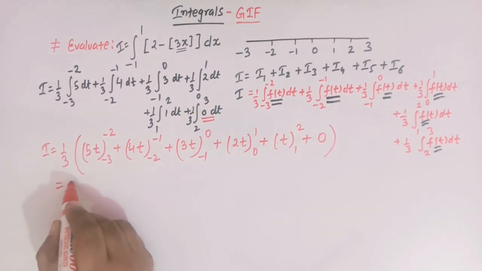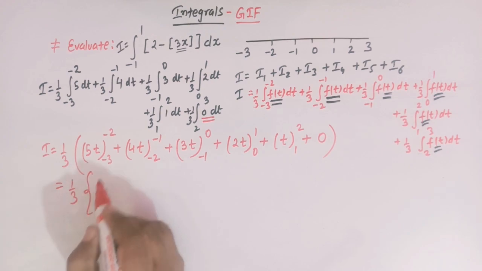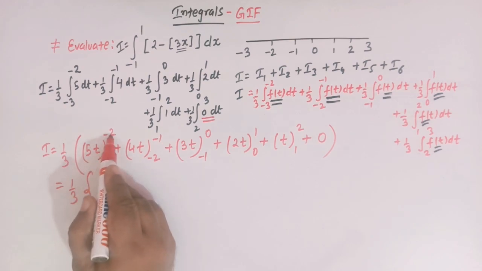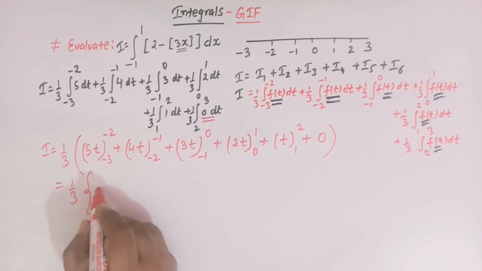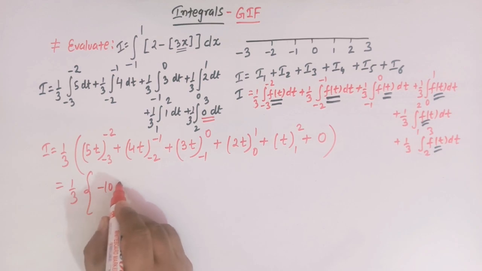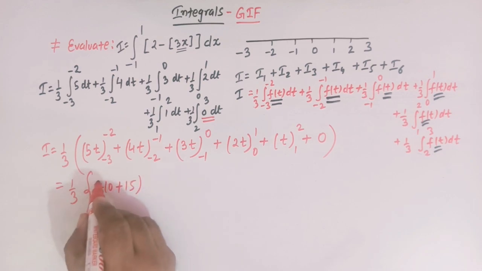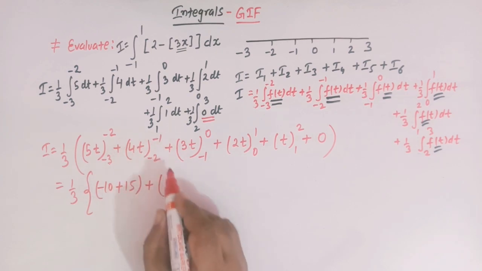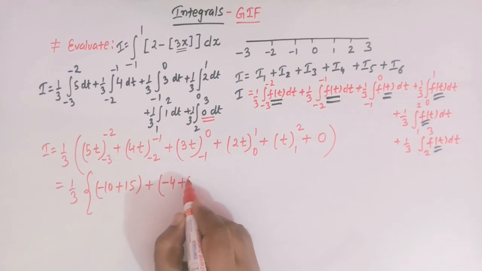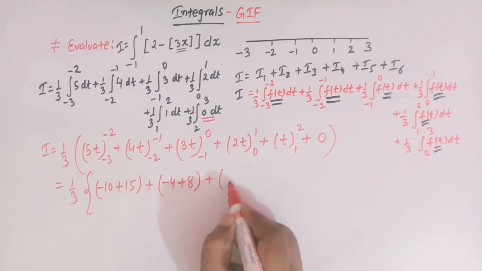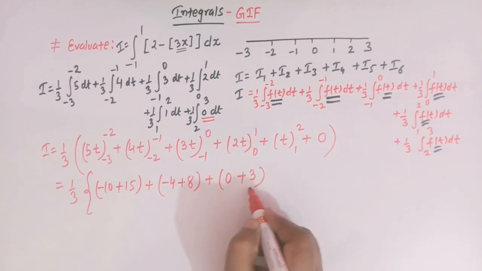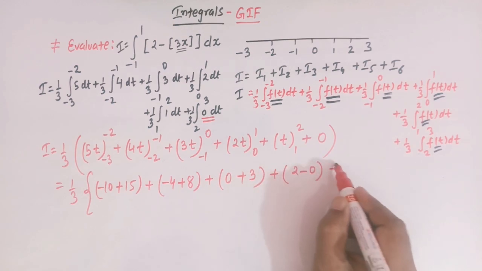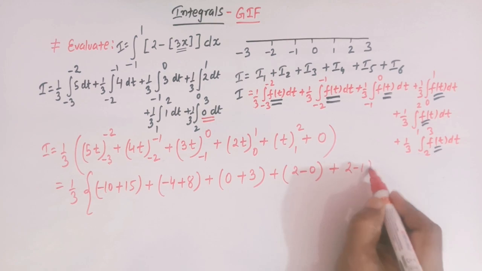Now we simply substitute the limits and take the difference. When we take t equal to -2, we have -10 plus 15, because we have -3, and then -4 plus 8, then 0 plus 3, then 2 minus 0, and then 2 minus 1.